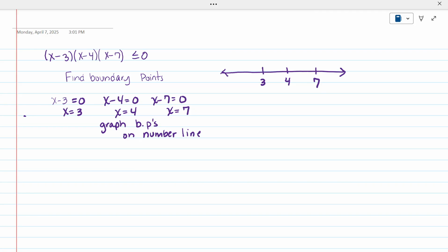So because this is an inequality, what we're looking for is a solution set. So in other words, our answer is going to be expressed in interval notation.